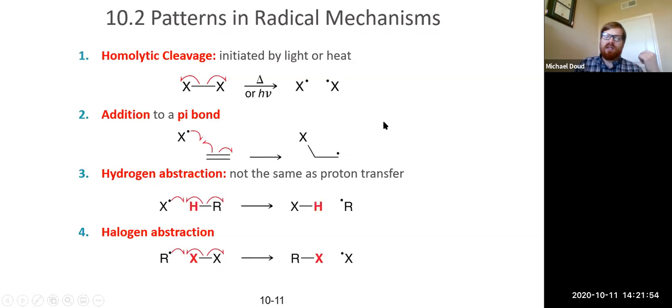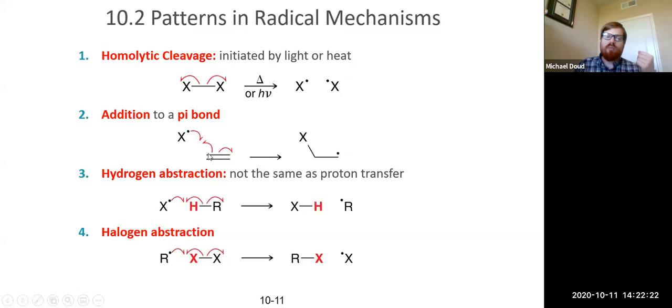Next up, we have what's called addition to a pi bond. So this one looks a little different. This is going to be our first new looking pattern that we've seen. But this addition to a pi bond, basically it takes the radical X here, the radical electron from X in this case, and we're going to form a new sigma bond by taking that electron along with one of the electrons from the pi bond.